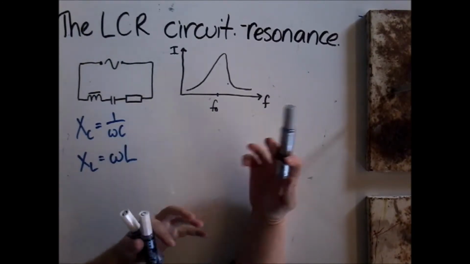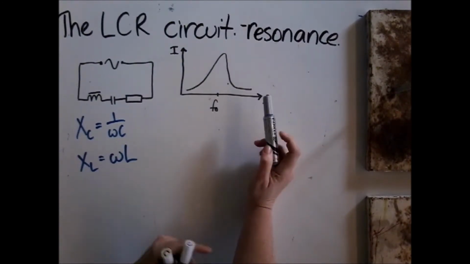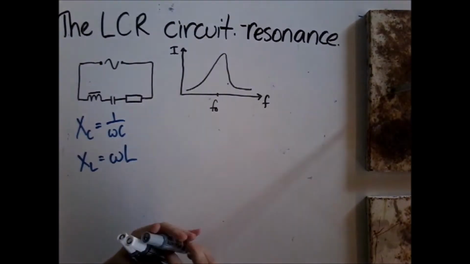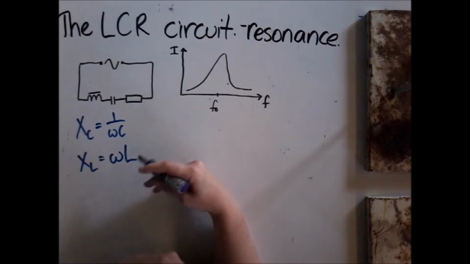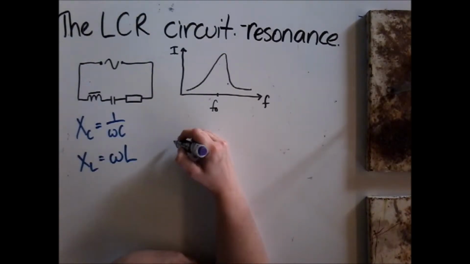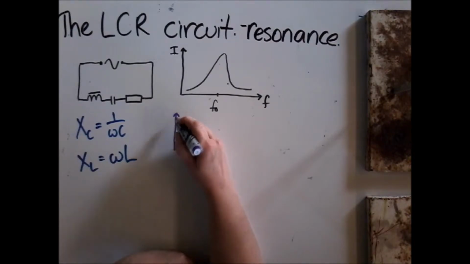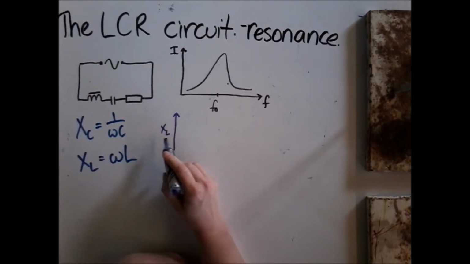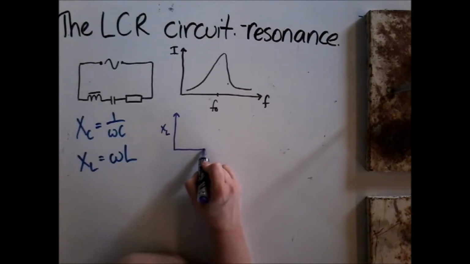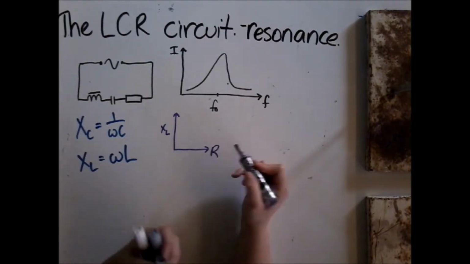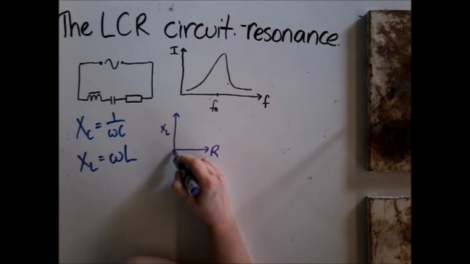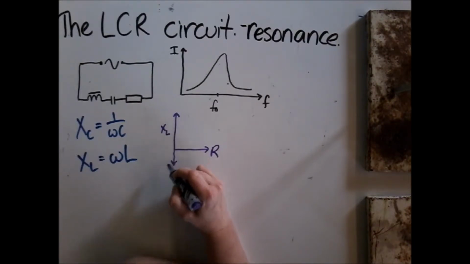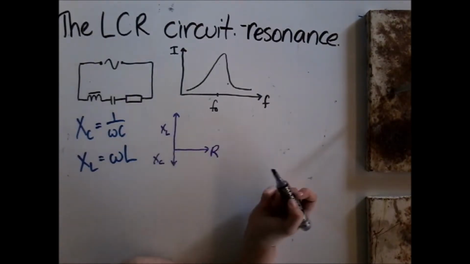And it's hard to see how that happens, but it does. What happens is, and I hope you can imagine this, let's just pick any old frequency. At that frequency, we might get this much reactance of the inductor in the circuit. We get a certain value for R, which doesn't change with the frequency, and we get a different value for the reactance of the capacitor.